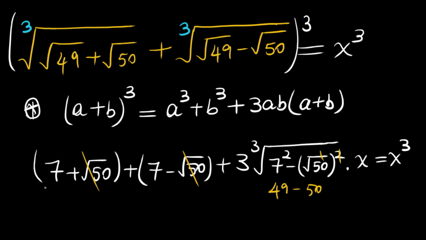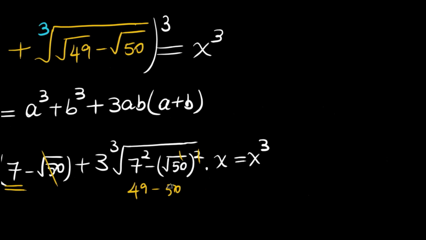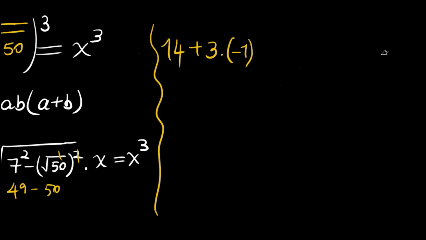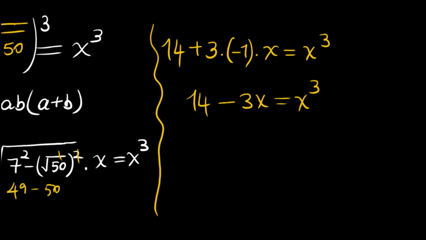So we have 7 plus 7, which will give us 14. Let's use this part. 14 plus 3 times this cube root, which becomes negative 1 as I said, times x is equal to x cubed actually. This is the same as 14 minus 3x is equal to x cubed.